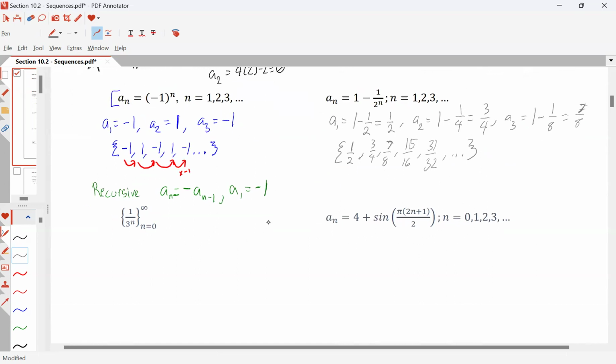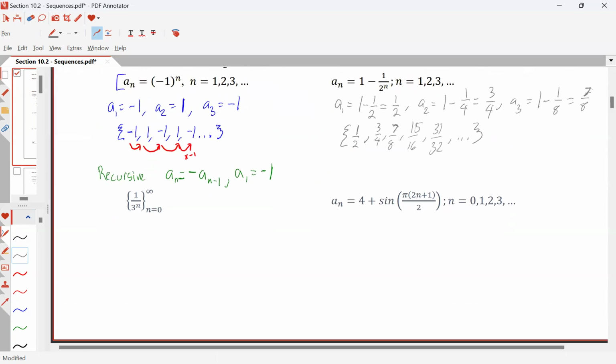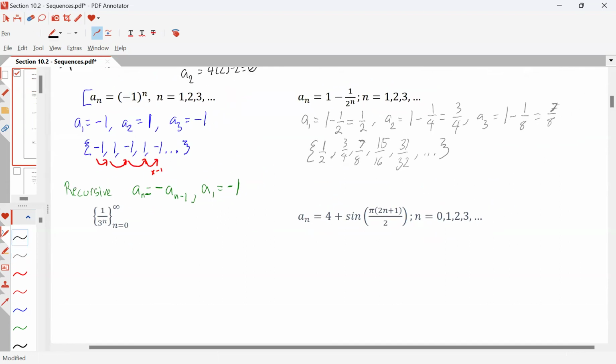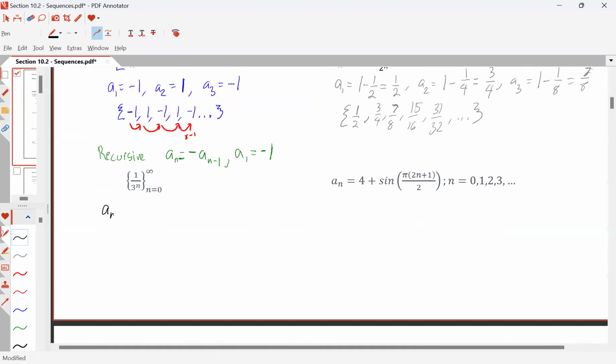So this sequence starts at 0, and this is the explicit formula. A sub n equals 1/3 to the n. So if I were to write out terms of this sequence, since I'm starting at 0, it would be, what is it when n equals 0? Well, 3 to the 0 is 1. 1/1 is 1.